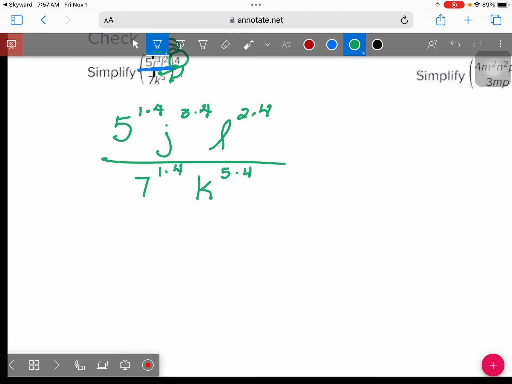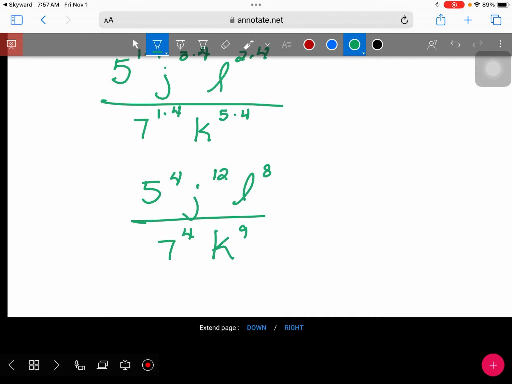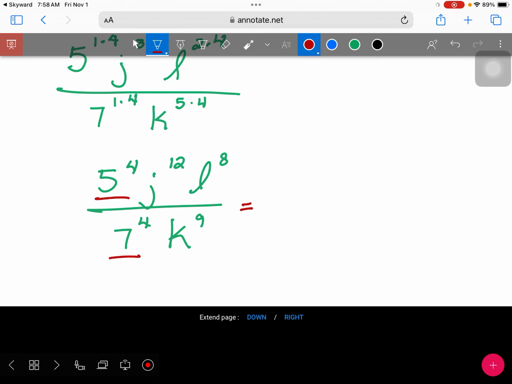So then we're just simplifying. 5 to the 4th, j to the 12th, l to the 8th, divided by 7 to the 4th, k to the 9th. These are numbers. Numbers to a power we can simplify. What is 5 to the 4th power? What is it? I thought somebody said something. 625, I believe.